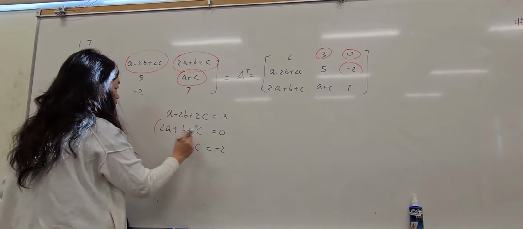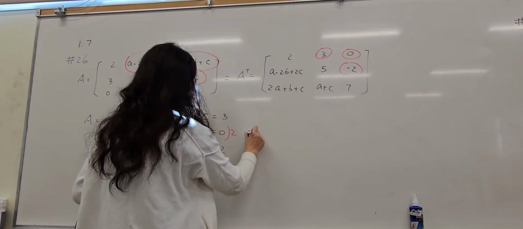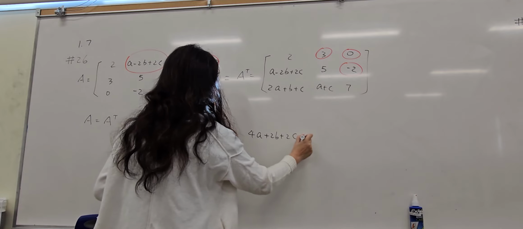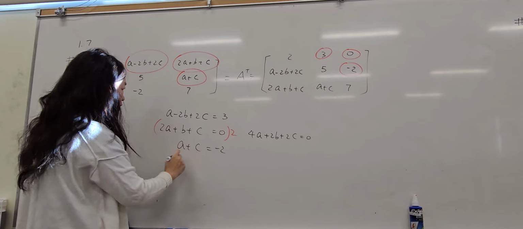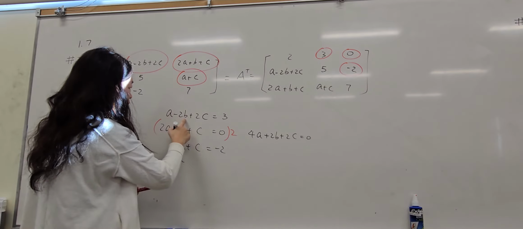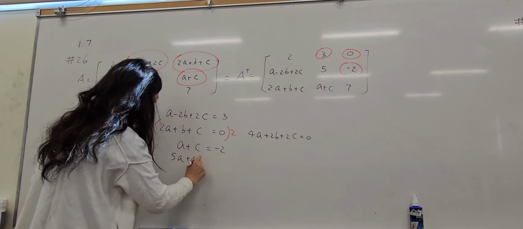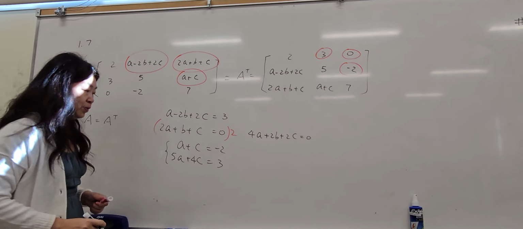You multiply by 2 here, then you're going to have 4a plus 2b plus 2c equals 0. Add them together, then you're going to have 5a. These two add together, these two become 0, these two become 4c, and equals 3. So you get 2 equations, 2 variables.